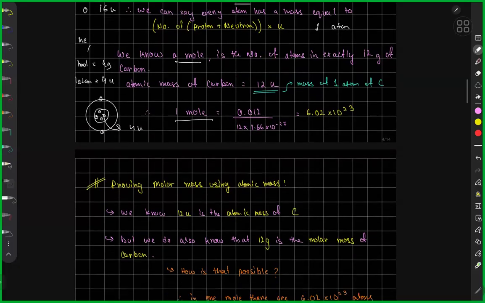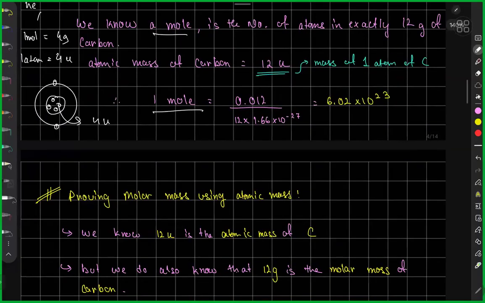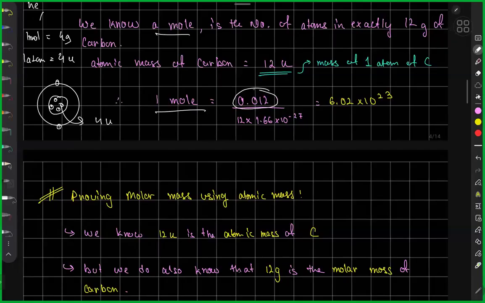Now, 1 mole can be defined as the number of particles in 12 grams of carbon, right? How do we find that number of particles? We take the total mass of 1 mole of carbon, which is 12 grams.